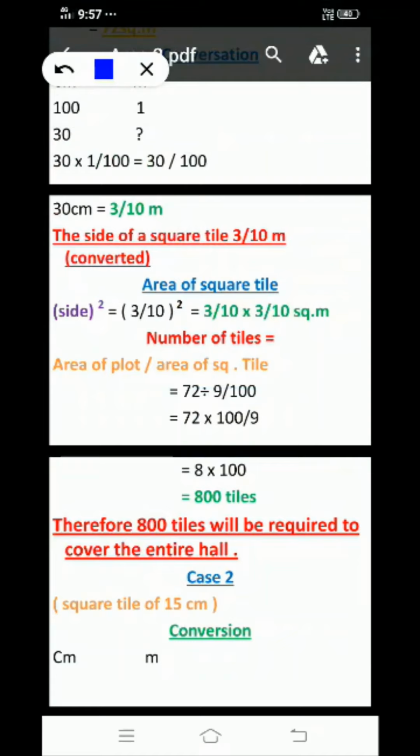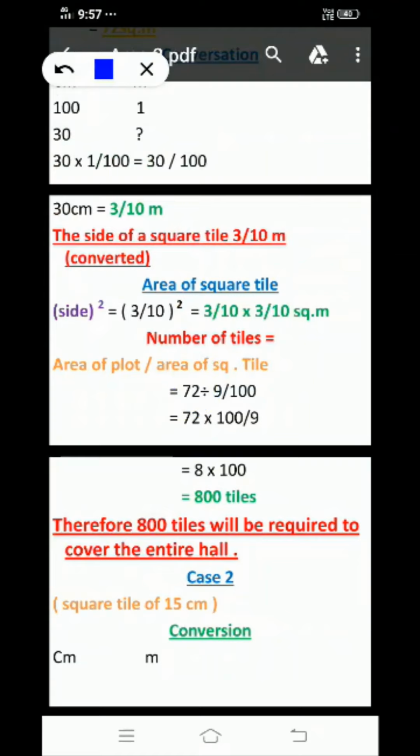But what you have to find out is how many tiles are required for flooring the rectangular hall. For that, the formula is the area of the plot divided by the area of a square tile. The area of the plot we already found is 72, and the area of a square tile is 9 upon 100.